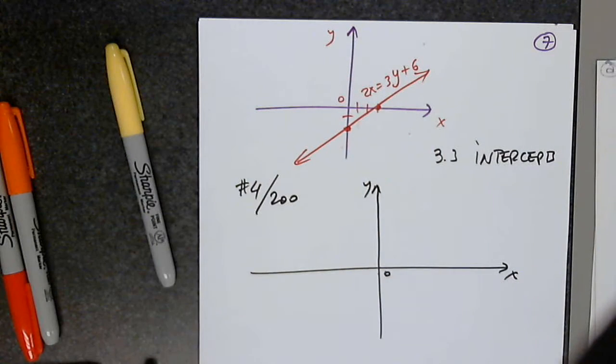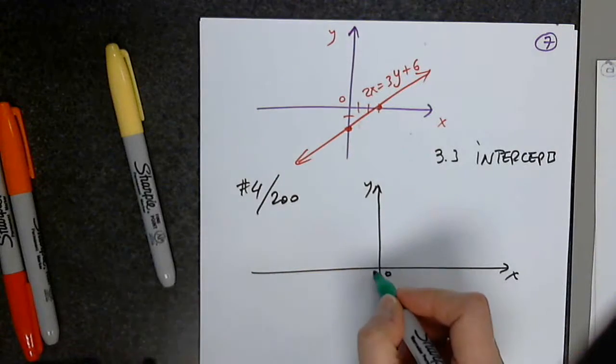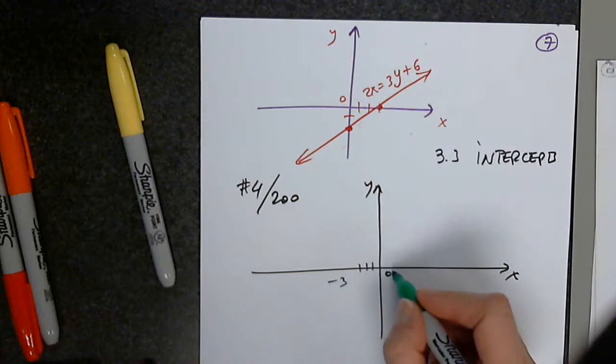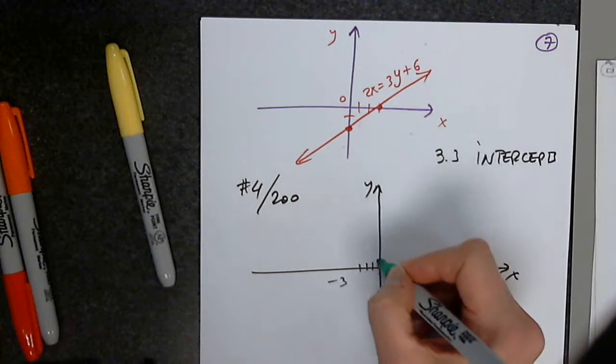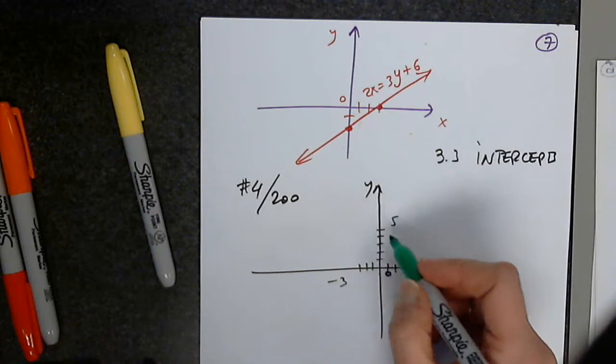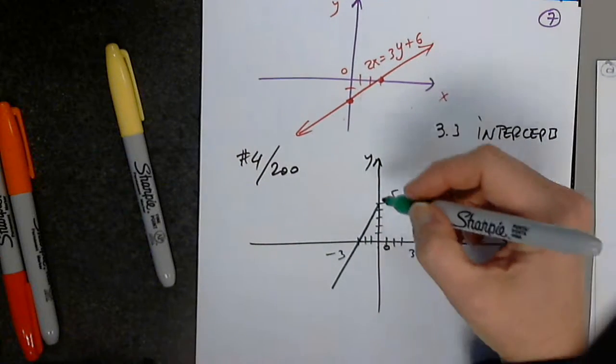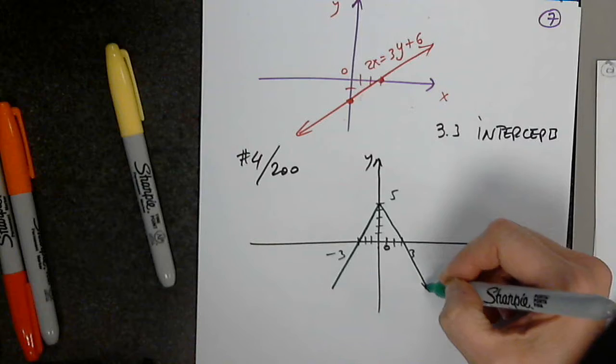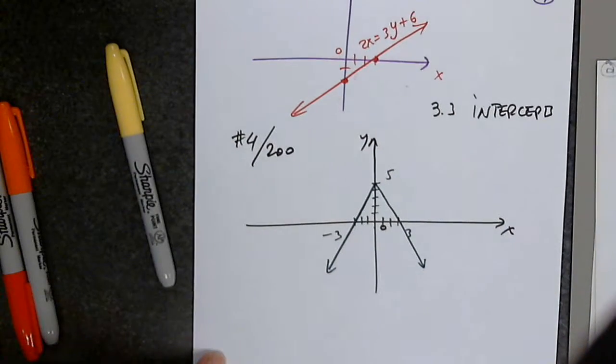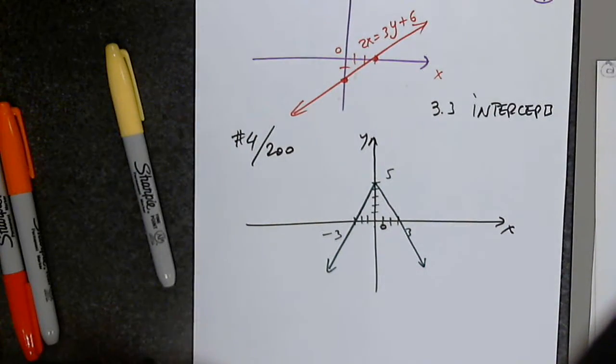I'm going to copy it. Here's the graph. This is not a line. This is not a linear equation.